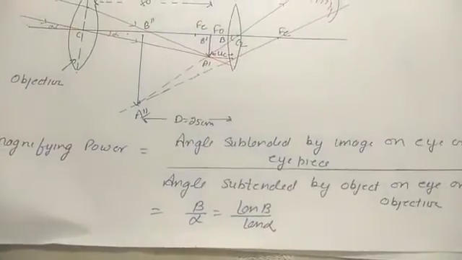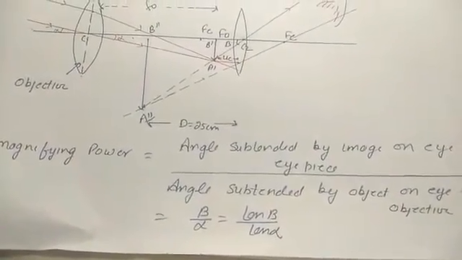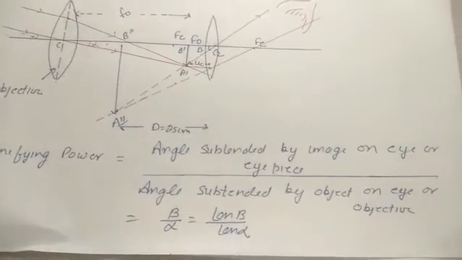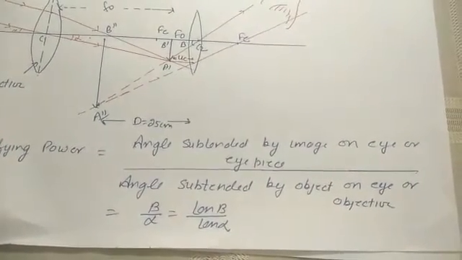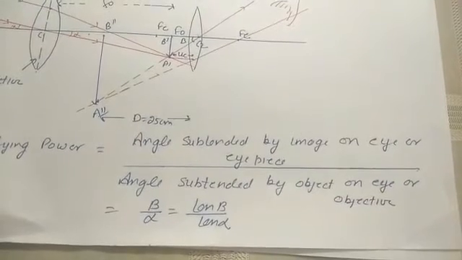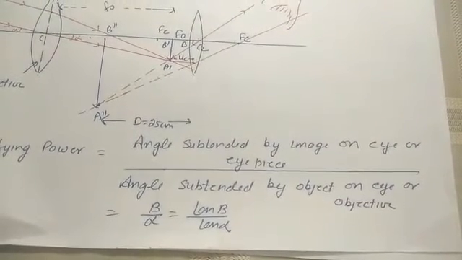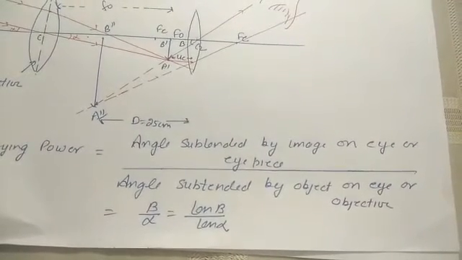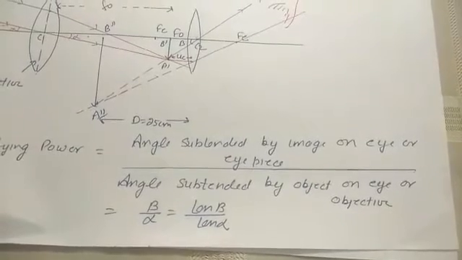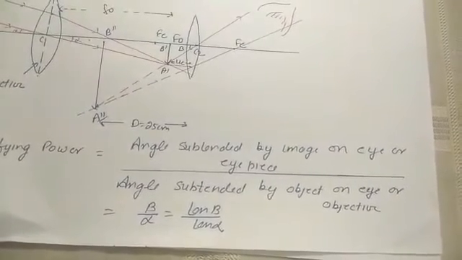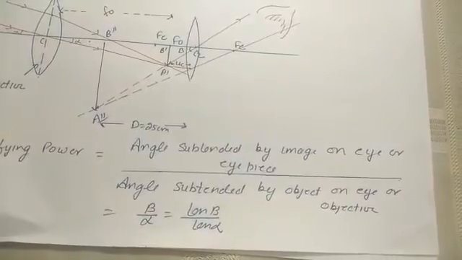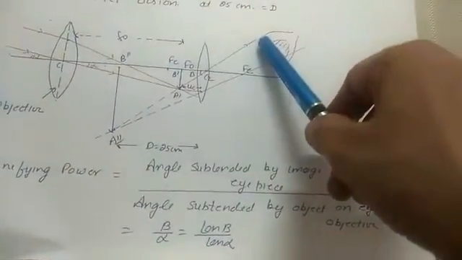Now again the question arises about the magnifying power. What is magnifying power? Again the same definition, angle subtended by the image on the eye or eyepiece, as eye and eyepiece are very close to each other, upon angle subtended by the object on the eye or objective. Because for the heavenly bodies, whether we take eye or objective lens, both are nearly at the same distance.